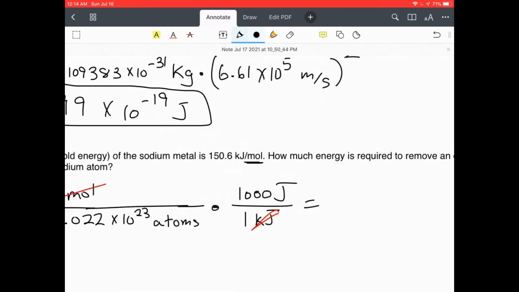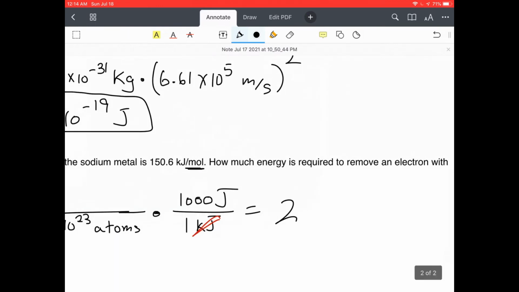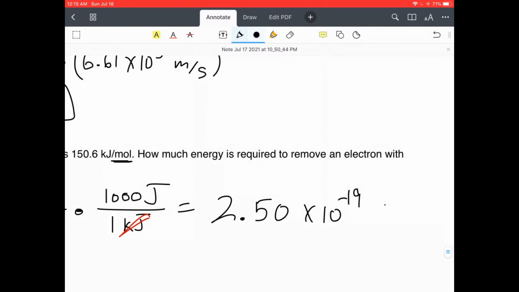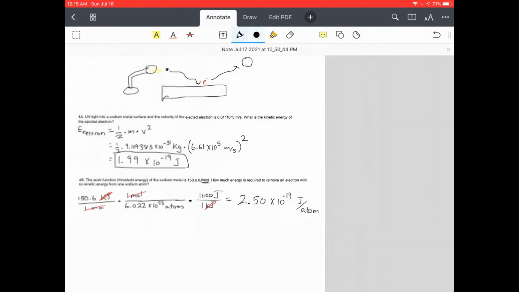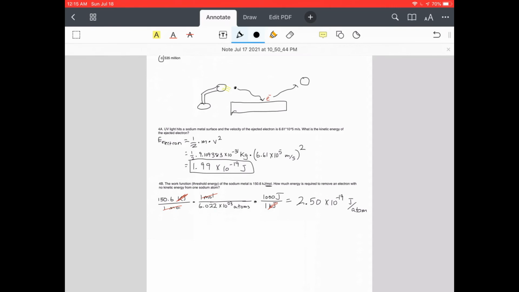And that leaves us with 2.50 times 10 to the negative 19 joules per atom. Perfect. So now we know the threshold energy for 1 atom of sodium.